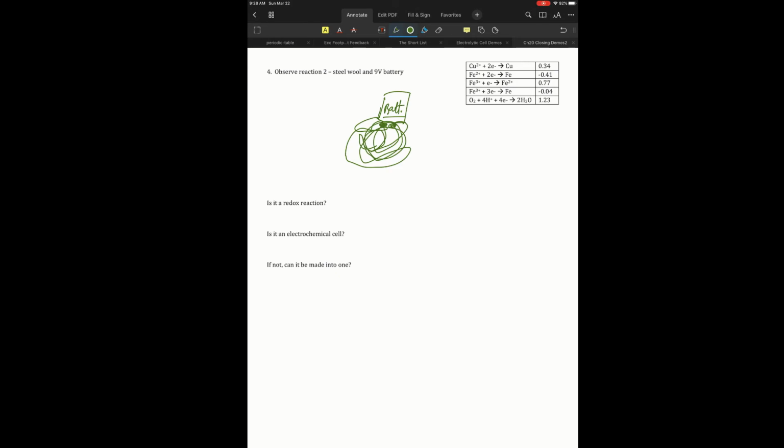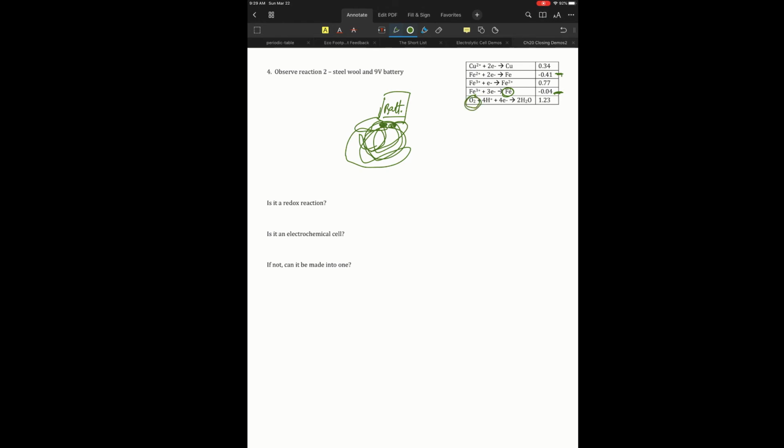So if we look at our options, we have solid iron, and it's probably being oxidized to either iron 2 plus or iron 3 plus, whichever. The oxidation is going to be positive and thermodynamically favorable, whichever one occurs. We would have to do some type of analysis on that bluish product to see if it's iron 2 plus or iron 3 plus. Then we look at the plausible reduction reaction.